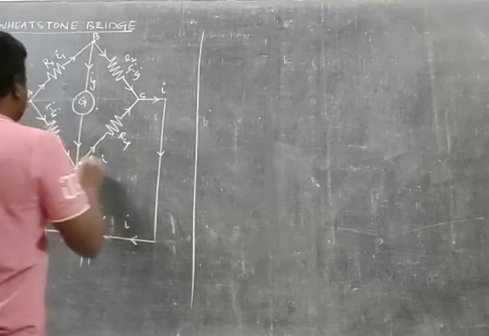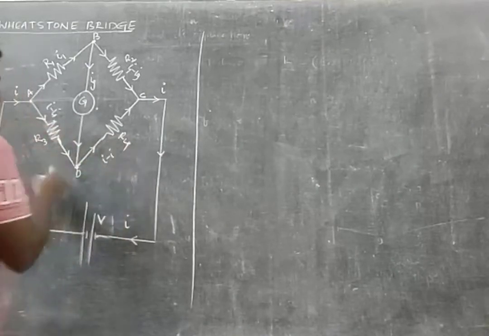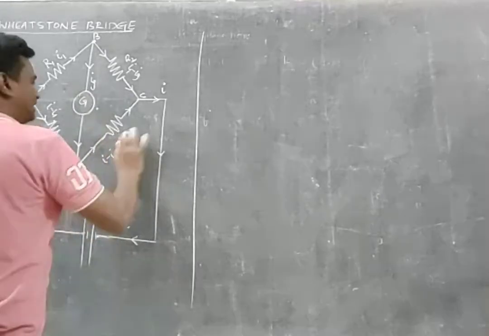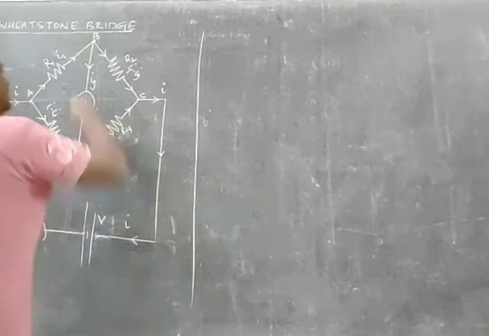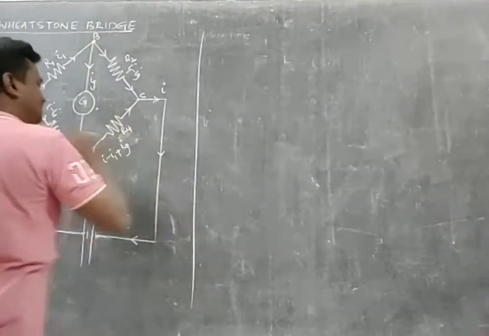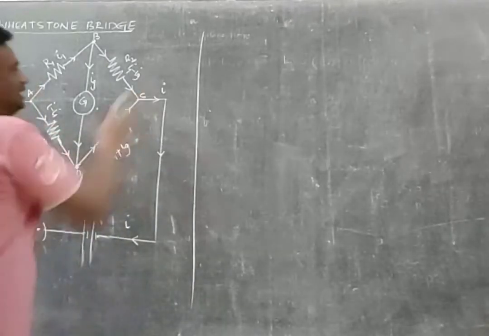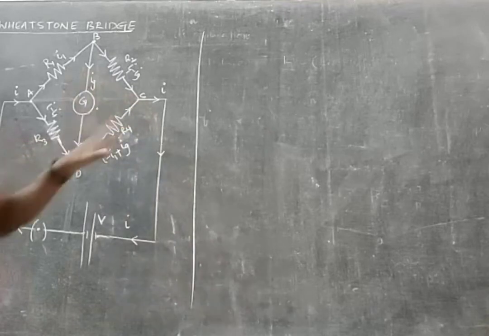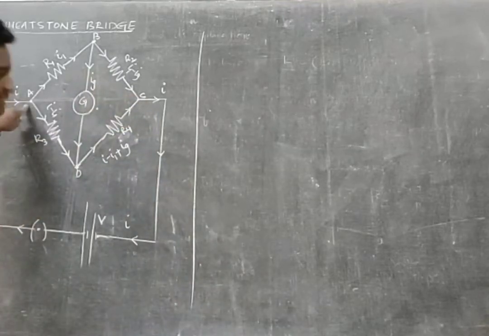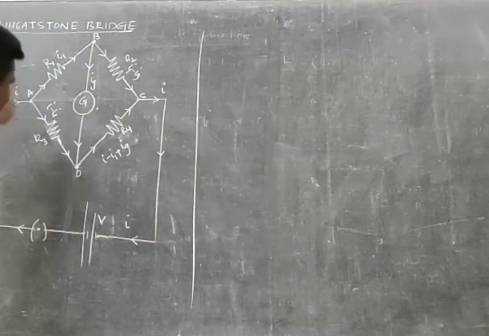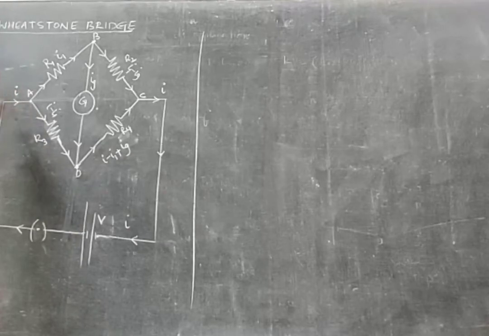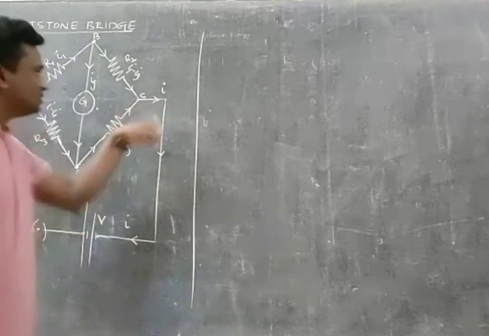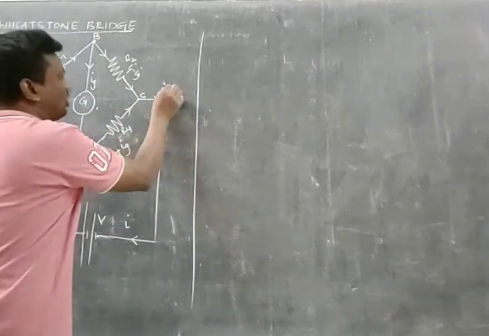Thereby, the current from R3 is I minus I1, plus the current from the galvanometer IG. Now the current at junction C should be I. Why? Because the entry current at junction A is I, so the exit current should be I. Let us check whether it is I or not.